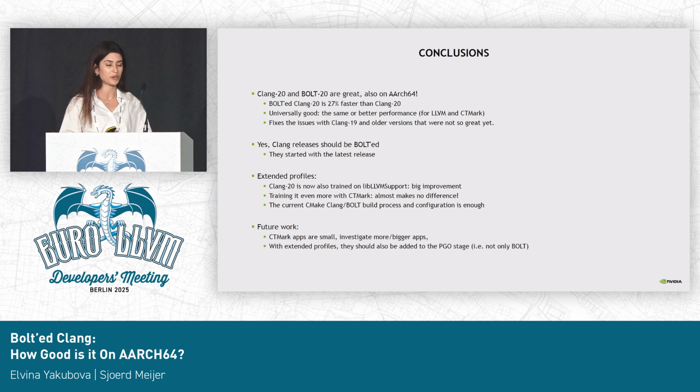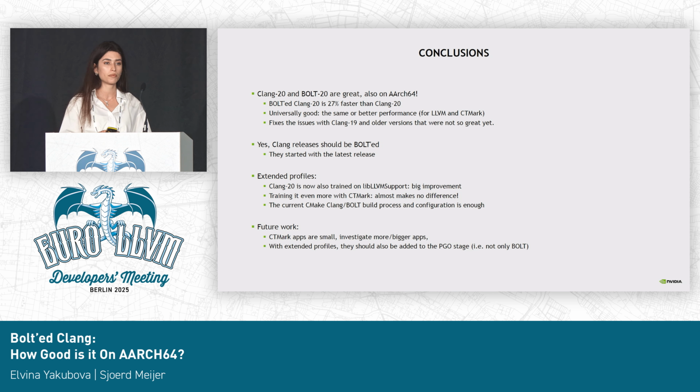As I'm aware, we have currently started to do it upstream with the latest commit. And experiments with extending profiles also proved its efficiency. The main difference in Clang 20 bolted performance is because it is now trained on LLVM support, and this brings a big improvement.